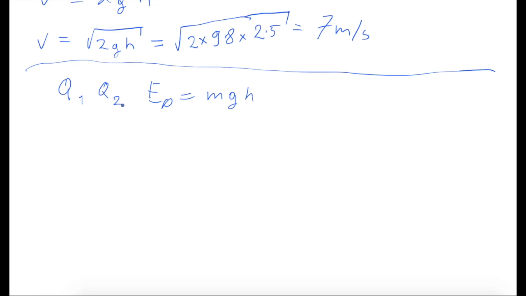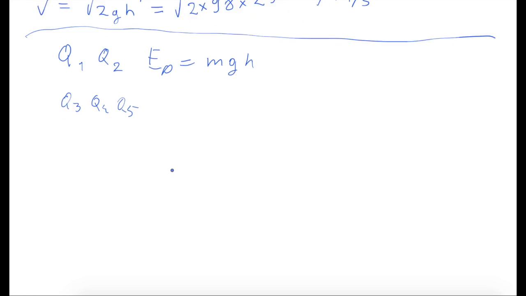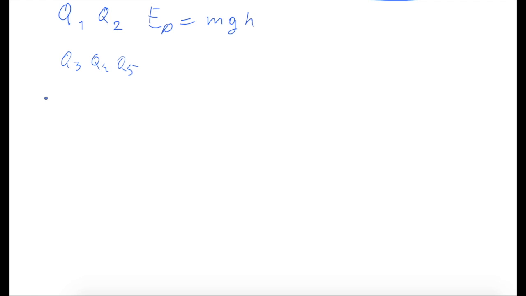You can transform that equation to find the values you're looking for. If you have any questions about how to do that, you can raise them tomorrow. Then for questions 3, 4, and 5, we're much more concerned with the principle of conservation of mechanical energy.